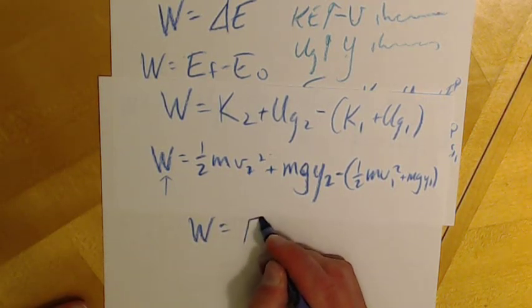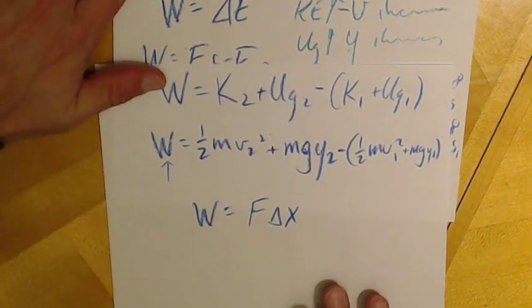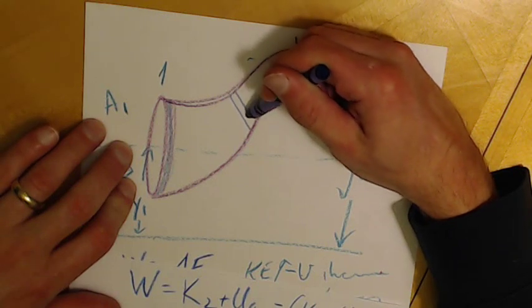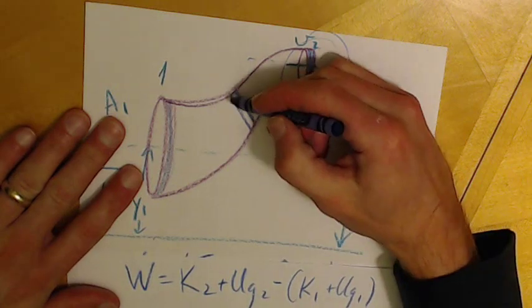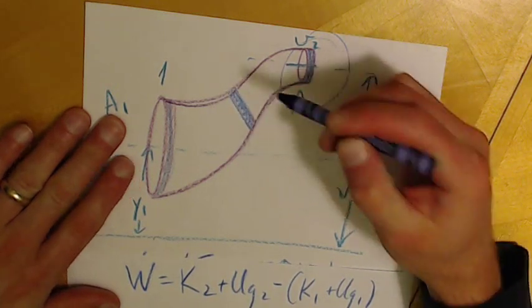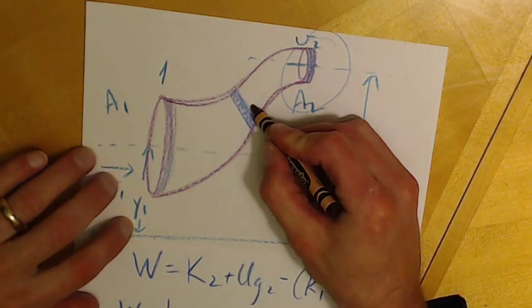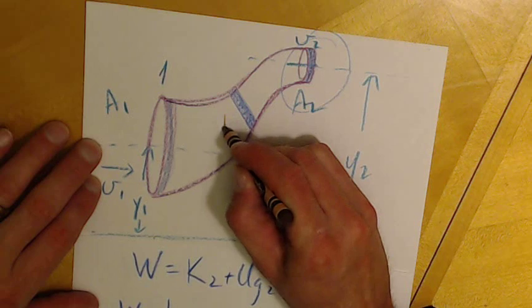Work is force times distance. How far does it move? Let's go back and look at this little slice right here. Let's look at the forces on it. There's a pressure pushing down over on this side.